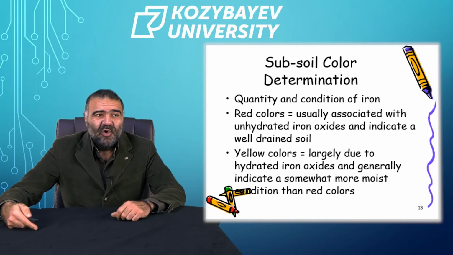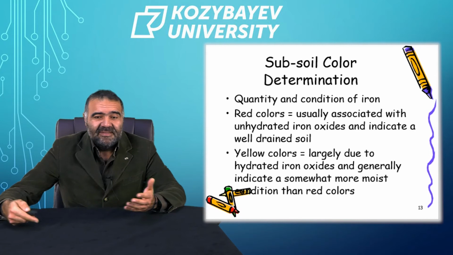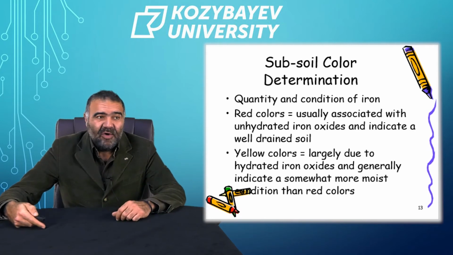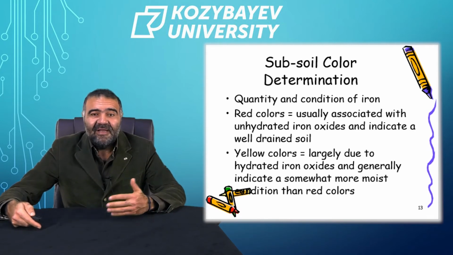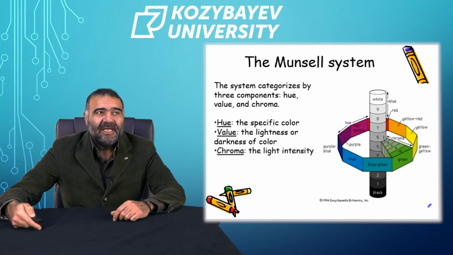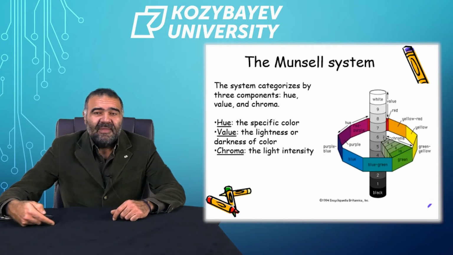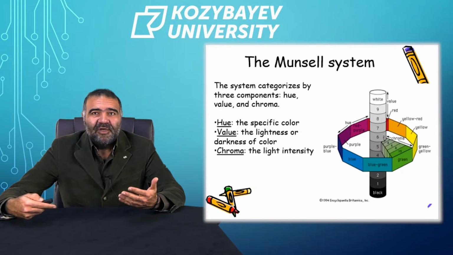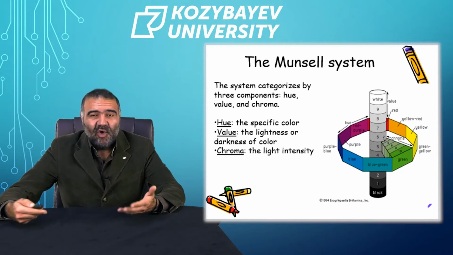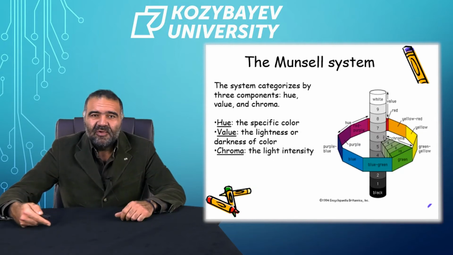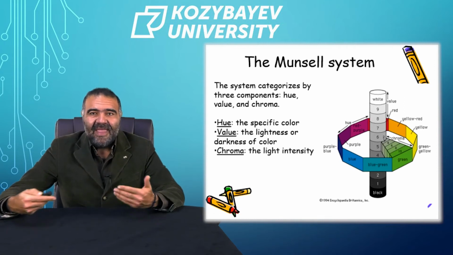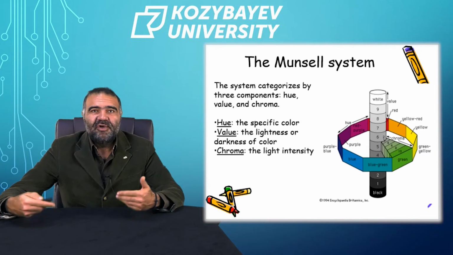If we have yellow colors, they generally indicate that somewhere there is some more moist condition than with red colors. So it is giving us information, even indirectly, about the soil properties, and about the condition of the soil.